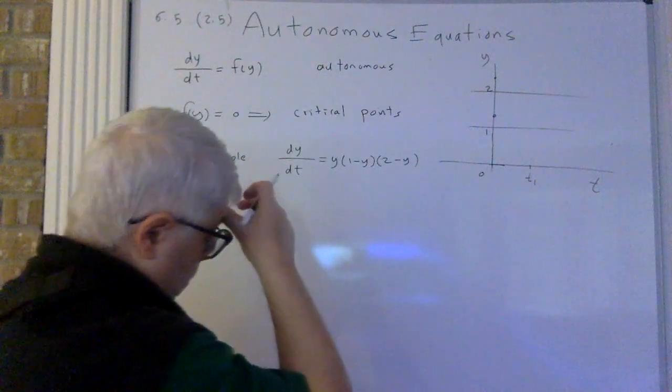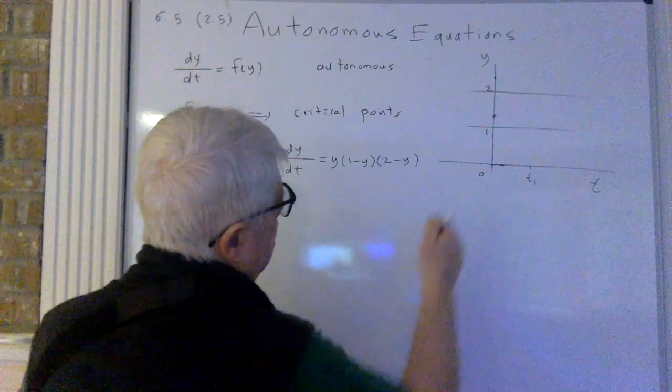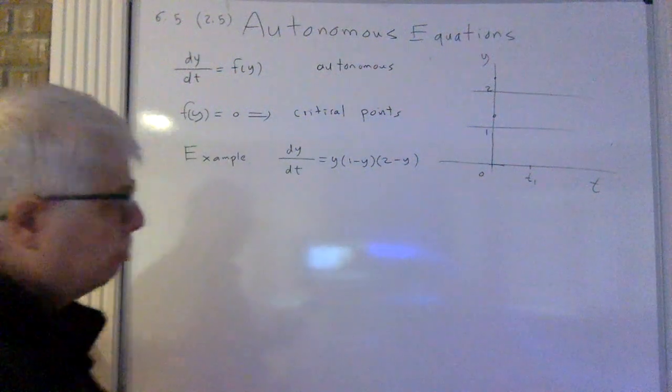I know the critical points. If y0 is between 0 and 1, what happens?